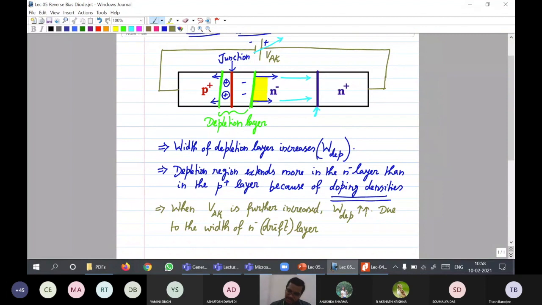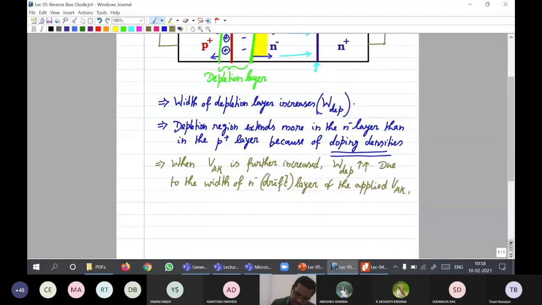Due to the width of the depletion layer and the applied VAK reverse bias, the depletion layer can just touch the n minus n plus interface.